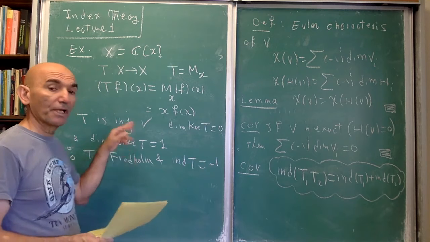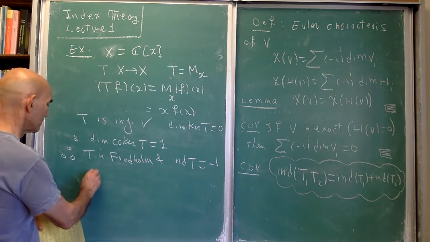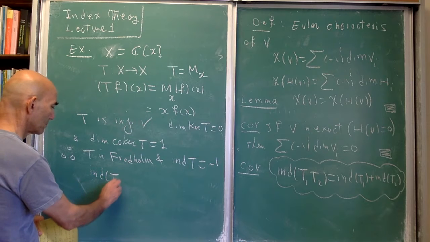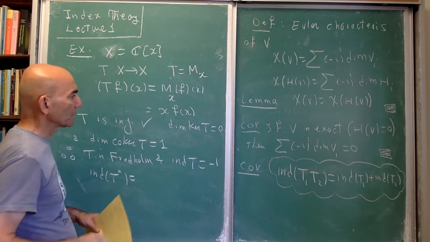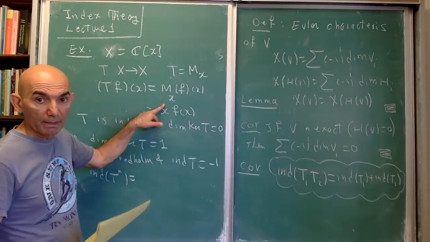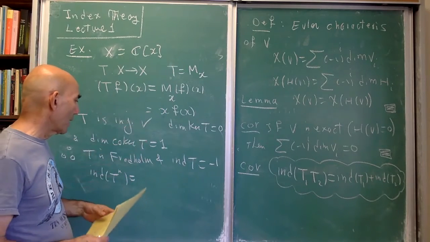Now you can iterate this T, say n times. Well, you see, T^n is multiplication by x to the power n. If you iterate it n times, you're multiplying by x to the power n.